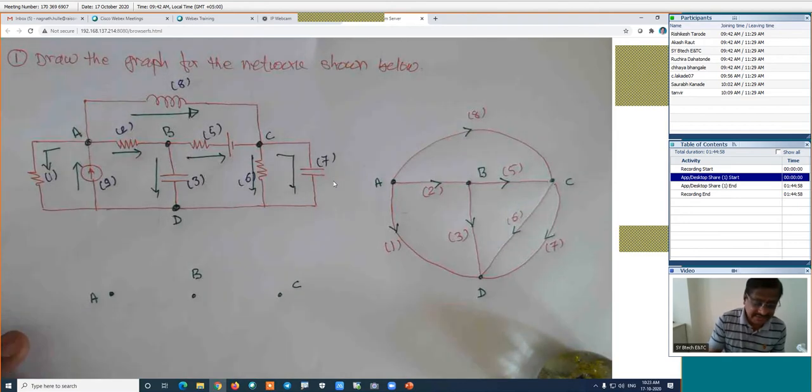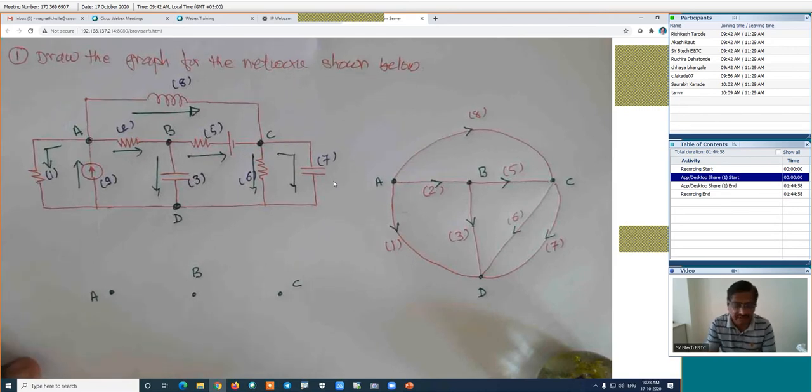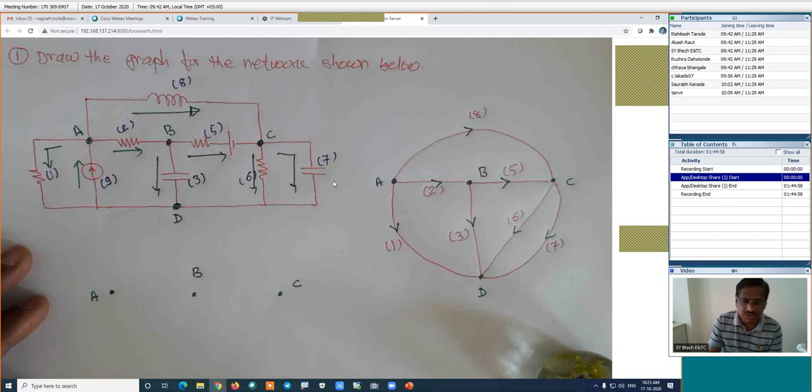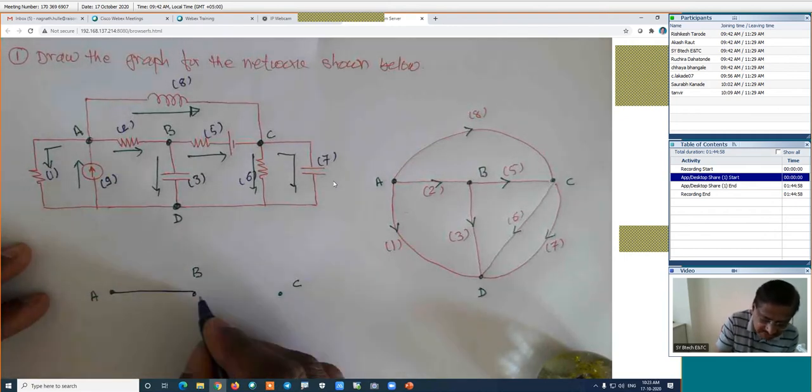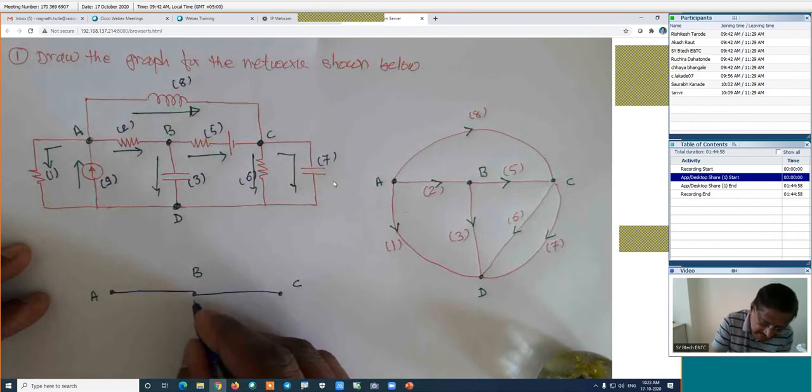Now here in this case we have 1, 2, 3, 4 nodes. Now in this figure, connect all these nodes in such a way that there should not be the formation of loop. Now look at how simple the terminology is. This is one branch, this is the second branch, and this is the third branch.